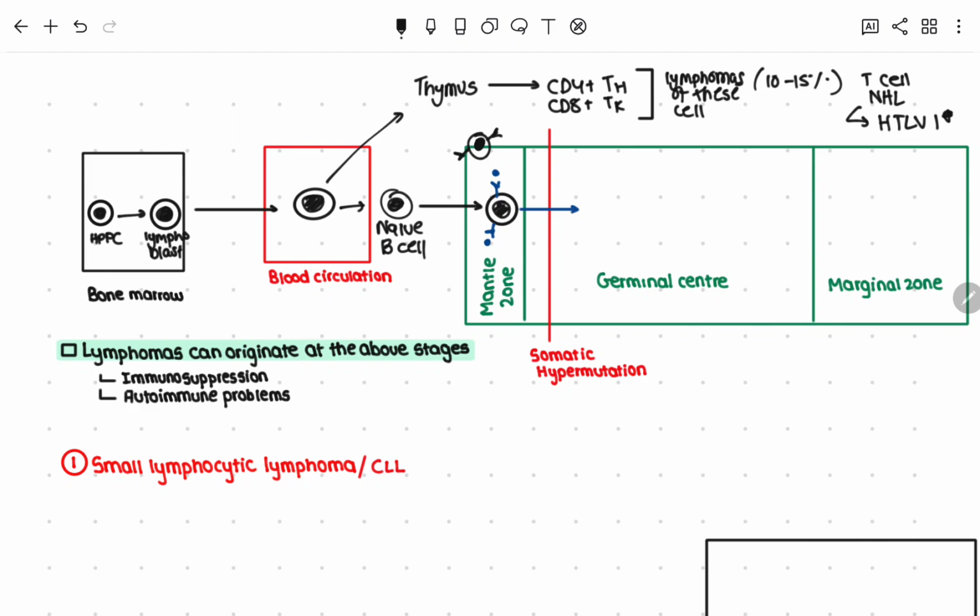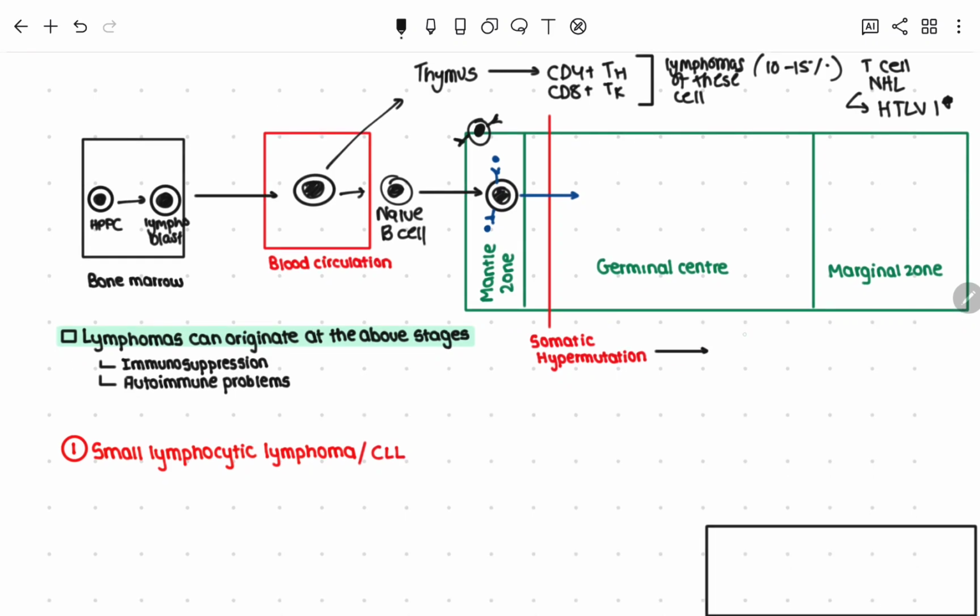Now the process of somatic hypermutation, just a bit in general to talk about if you do not remember it from immunology or biochemistry. What basically happens is once your cell has been exposed to a particular antigen, it will undergo a programmed process of mutations of the variable regions that exist within the immunoglobulin genes.